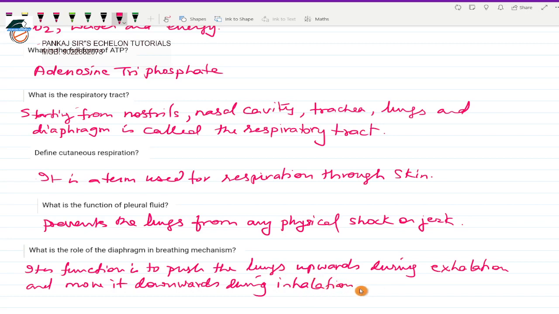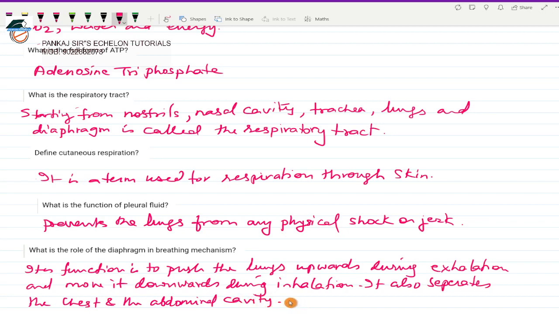It also separates the chest cavity and the abdominal cavity. So that's the role of diaphragm in breathing mechanism.